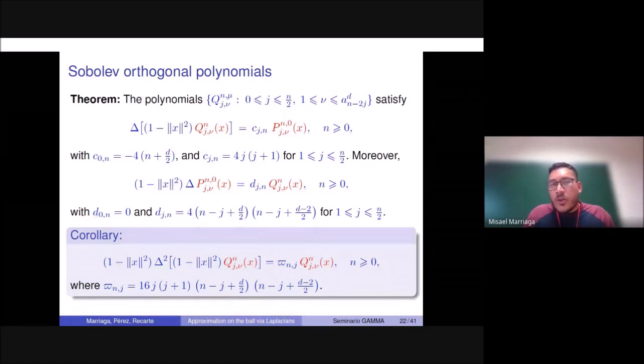So it is natural to make the composition of these two differential operators, and what you obtain is a differential equation of order four, satisfied by the Sobolev basis. Okay, where these eigenvalues are given right here. Okay, so we have found a differential operator or differential equation satisfied by the Sobolev basis.